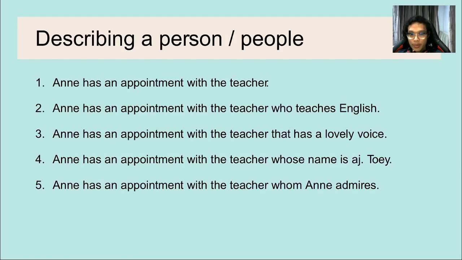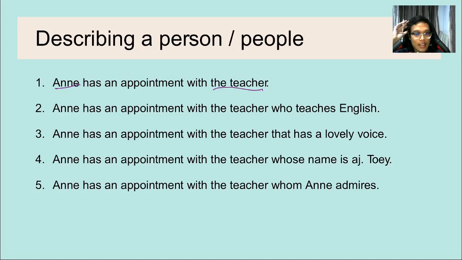For example, the first one, the teacher or a teacher, they are what? They are a person, right? They are people. But I want to ask you, do we have any adjective clause in the first sentence? No, right? We don't have any adjective clause. What about the second sentence?